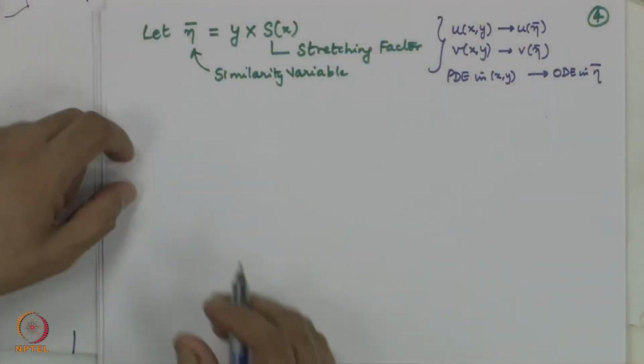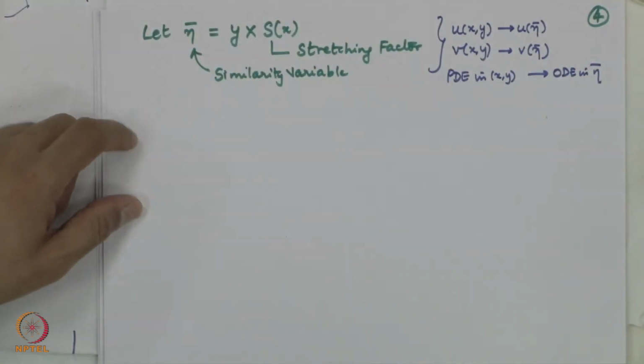For the PDE to transform to an ODE completely, certain conditions have to be satisfied by the coefficients that occur once we transform the equations. Similarly, certain conditions have to be satisfied by the transformed boundary conditions, and based on that we are going to say that after this transformation is made and if these conditions are met, then this PDE is indeed an ordinary differential equation.